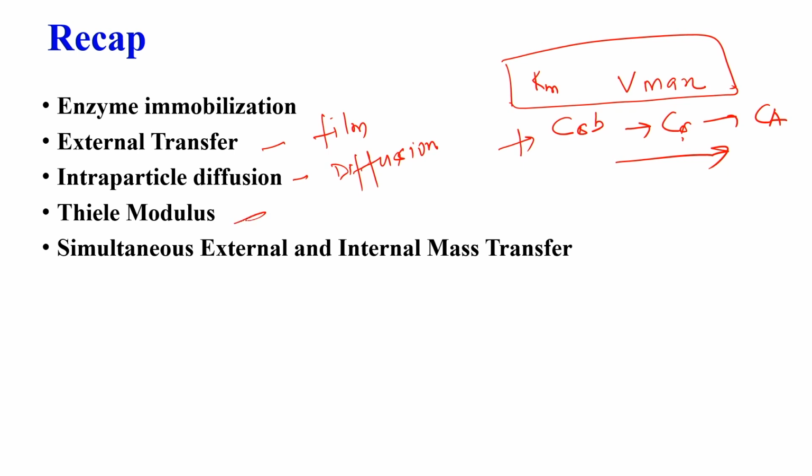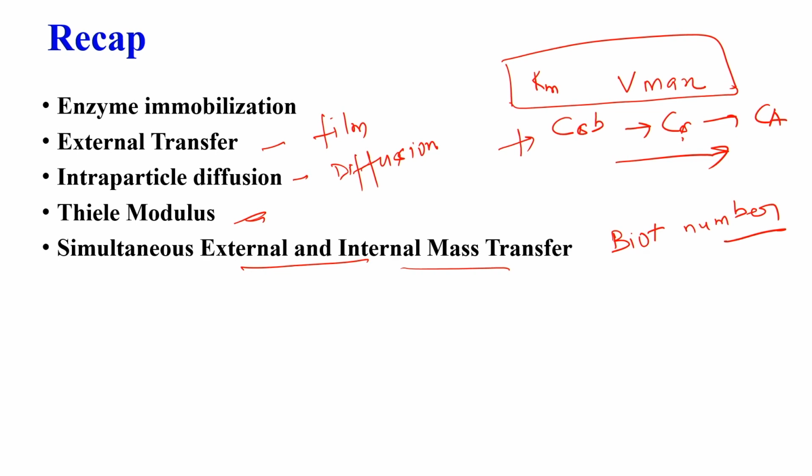Then while discussing intraparticle diffusion, we discussed the Thiele modulus and observable Thiele modulus, which helps us to quickly calculate the effectiveness factor in the case of intraparticle diffusion. Further, we discussed simultaneous external and internal mass transfer. There, we first calculate the Biot number to decide whether external mass transfer is significant or not.